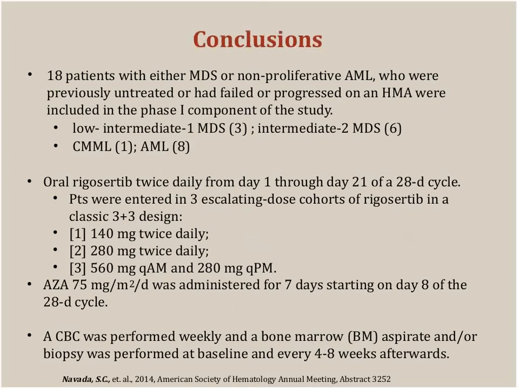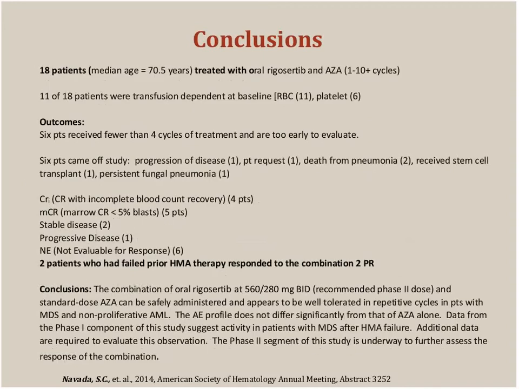And here you can see the results. 18 patients treated, median age was 70.5. 11 of the 18 were transfusion dependent. 6 of the patients at the time of the presentation had received fewer than 4 cycles of treatment or were too early to evaluate. 6 patients came off study, and here are the response data.